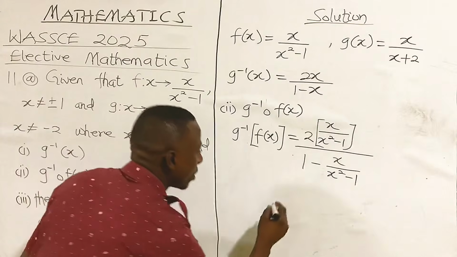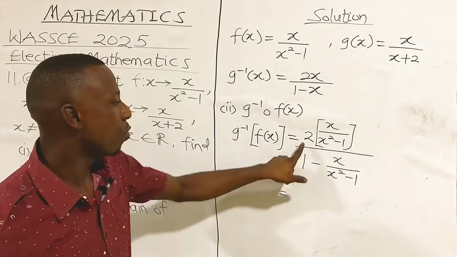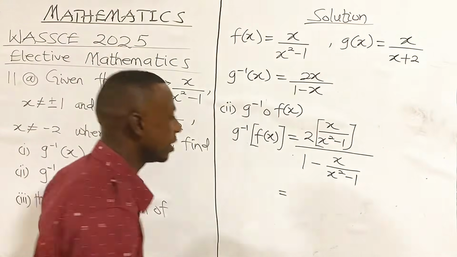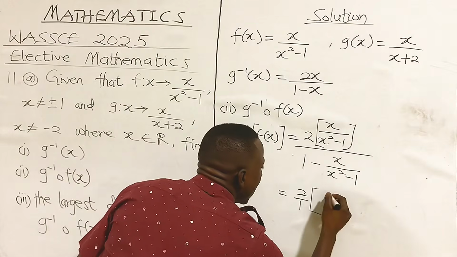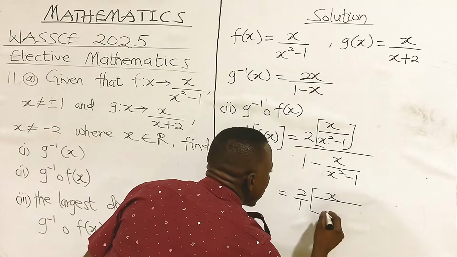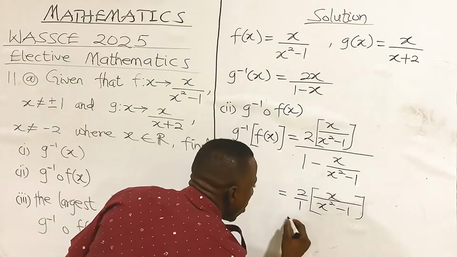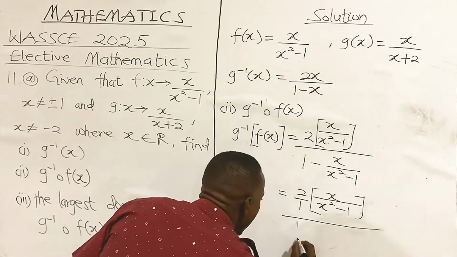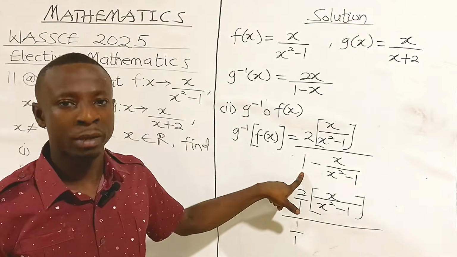Now from the numerator, we can rewrite this one as a fraction. So it becomes 2 over 1 multiplying x all over x squared minus 1, all over 1 over 1, because this 1 here is also a whole number.